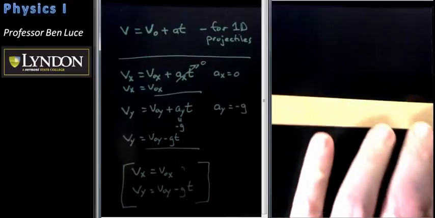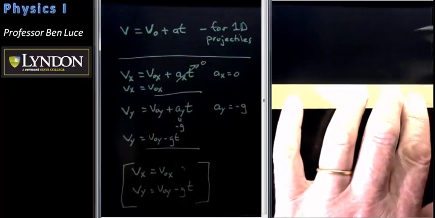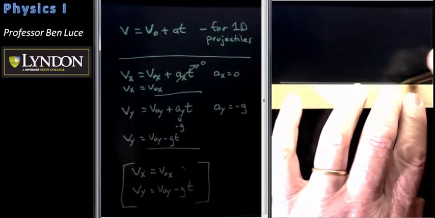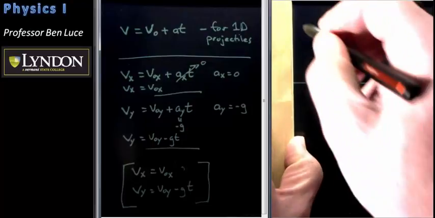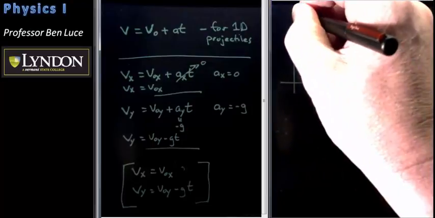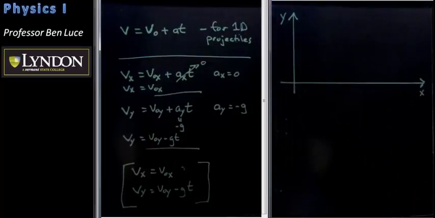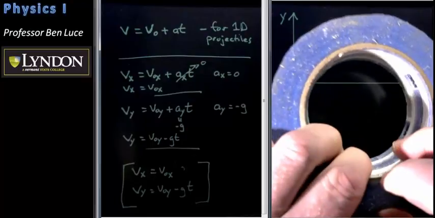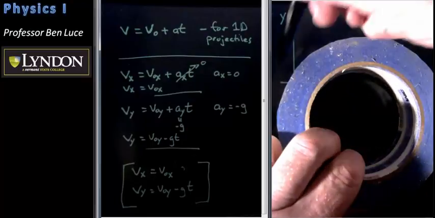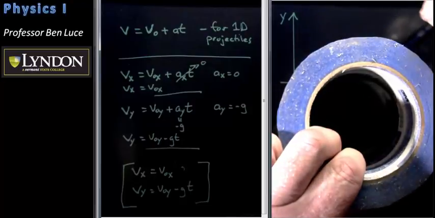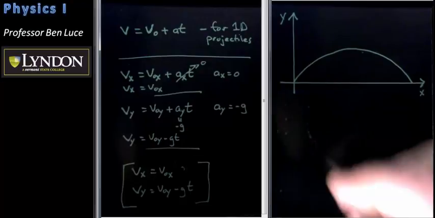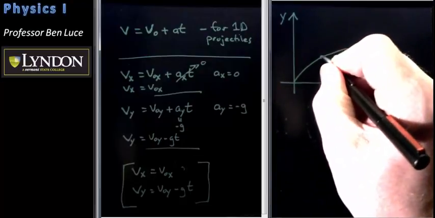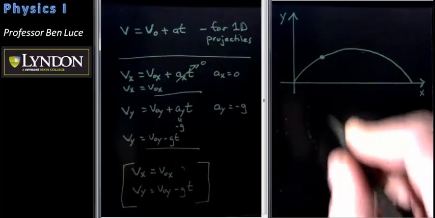Now let's consider how to obtain expressions for the x and y coordinate of our projectile. And to see this clearly, we'll resketch our Cartesian axes here and our trajectory. And let's consider the moment when our projectile happened to be at, say, this point.